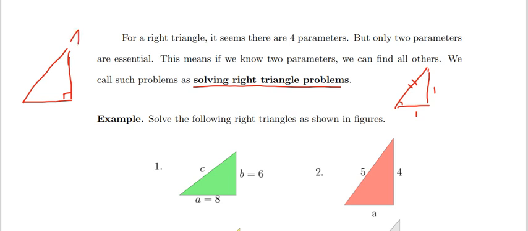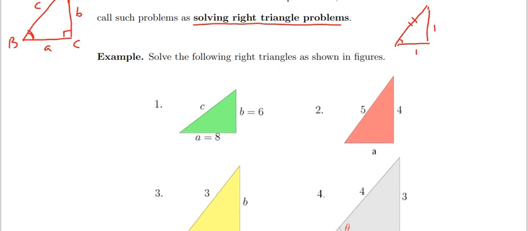Suppose this is A, B, C. This side A, this side B, this side C. If we know angle B, angle A is easily found, right? So we just have 3 sides A, B, C, and 1 angle. We can regard it as having only 4 parameters. If we know 2 of them, we can find the other 2. Okay? So such a problem is a solving right triangle problem.